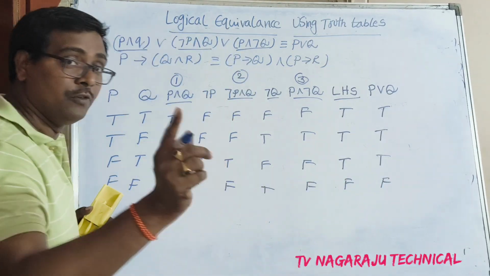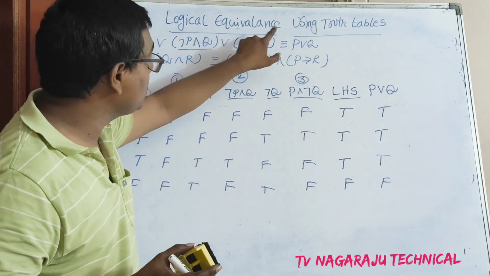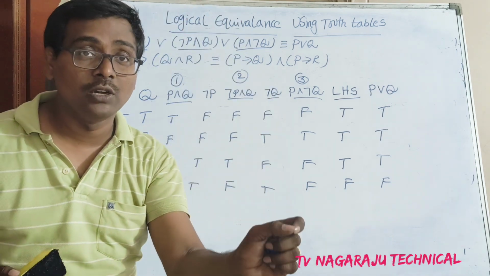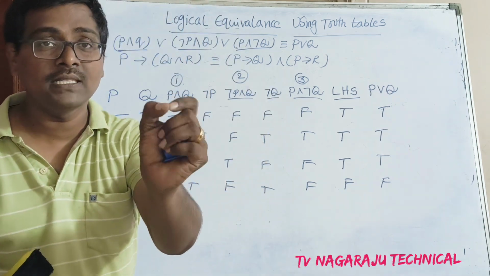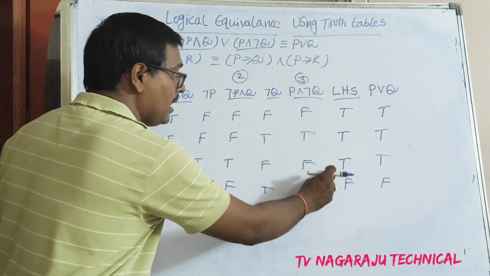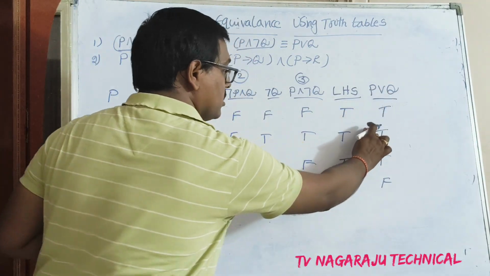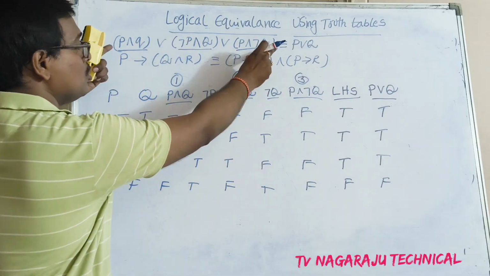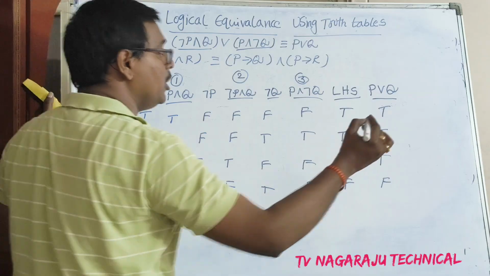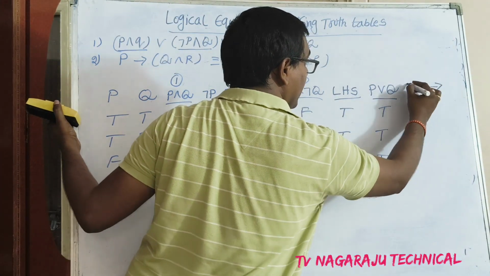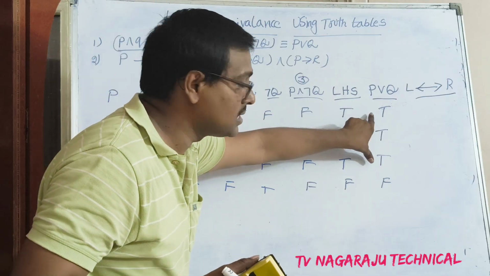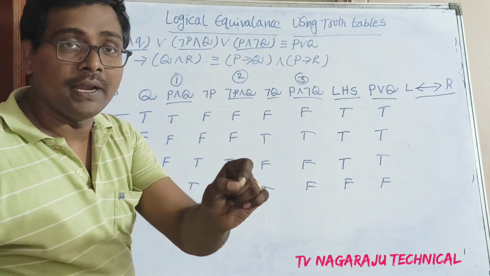Now if you check carefully, when you say that two expressions are logically equivalent, the left side expression truth values are the same as the right side expression truth values. See, T T T F, the right side value is also T T T F. Now these two expressions are logically equivalent. Or else you can do this also: LHS with RHS, apply the biconditional.